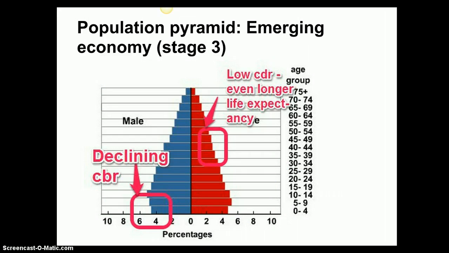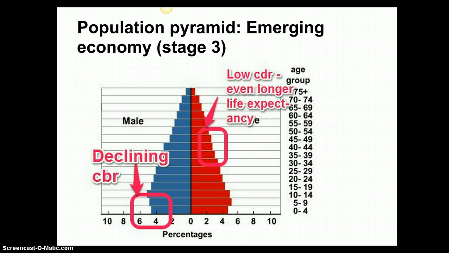In population pyramid 3, we are looking at the emerging economy. For instance, the BRICS, Brazil, Russia, India, China, and South Africa, where you have a declining CBR, the crude birth rate. It's births per 1,000 of the population in a year.